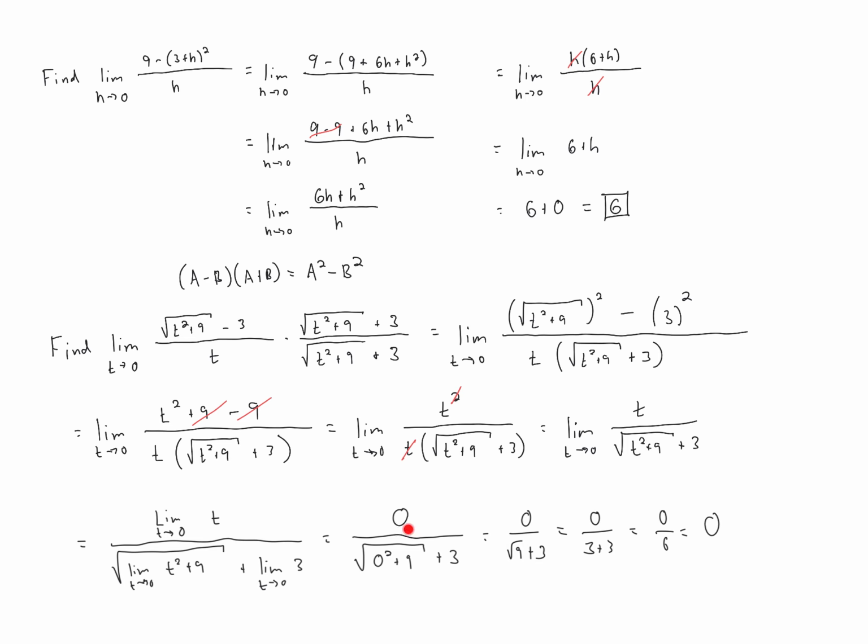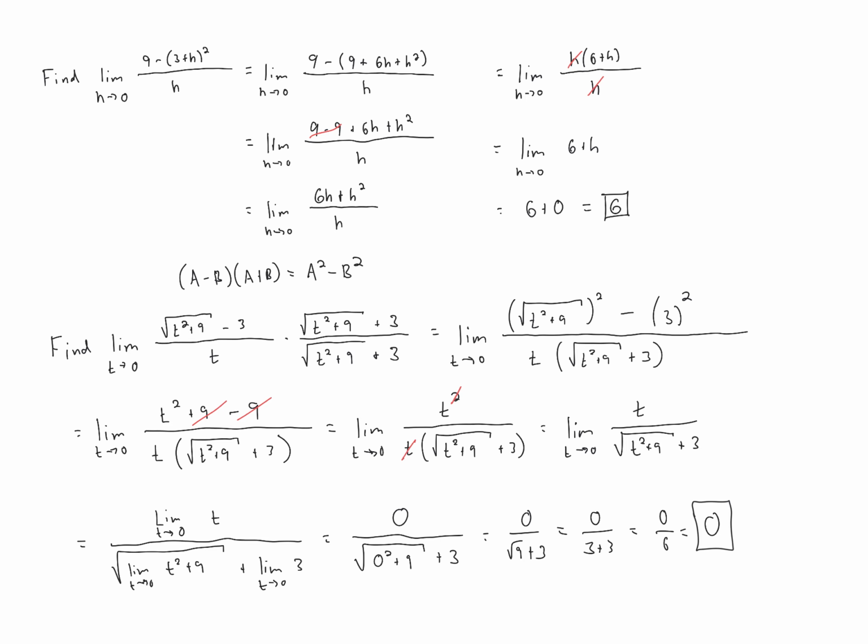We couldn't just stop when the numerator was 0, because we have to make sure the denominator is not also 0. If it's 0 over 0, that's undefined, and we've got to do a little bit more work in that case to find the limit. But once we see that it's 0 divided by 6, we know that it ends up equaling 0, and that is the value of our limit here.